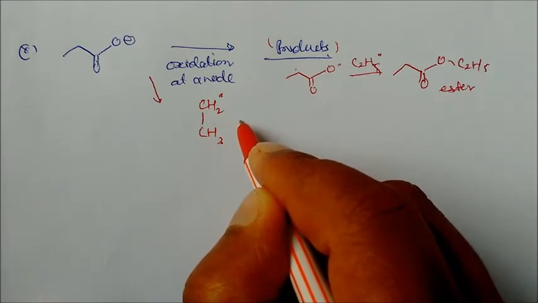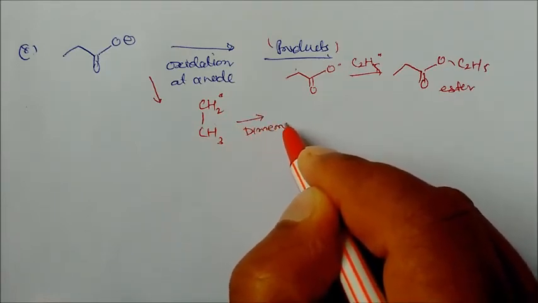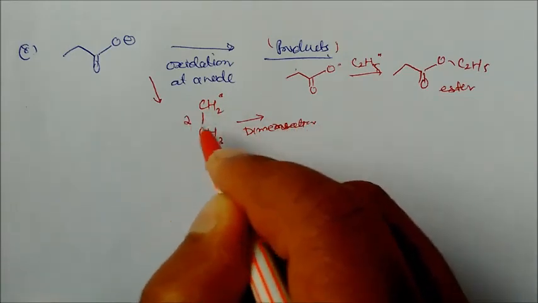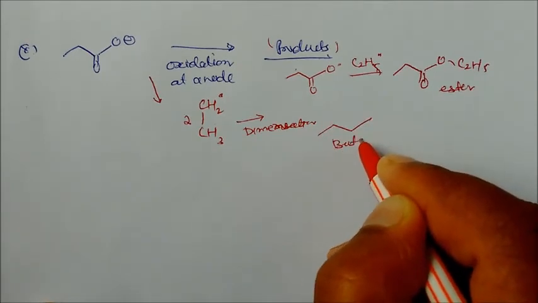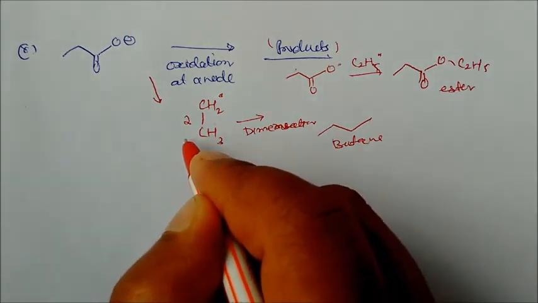So suppose this undergoes dimerization. If it undergoes dimerization, what will happen? There will be 2 molecules of this combining together, so we will get the product butane. This is your butane product. One possibility is that it will undergo disproportionation.